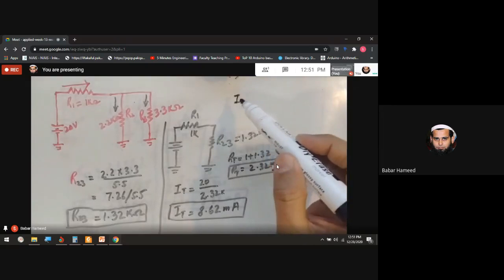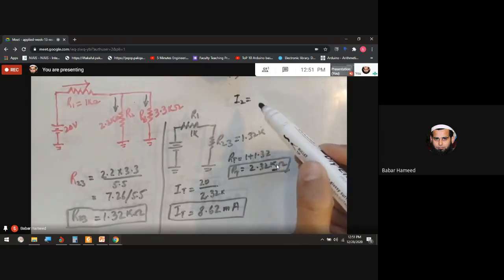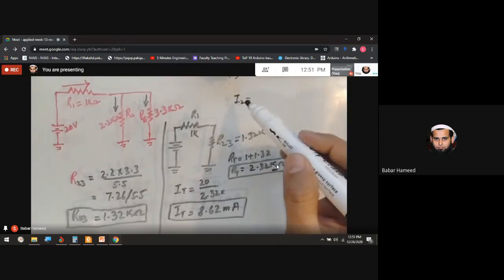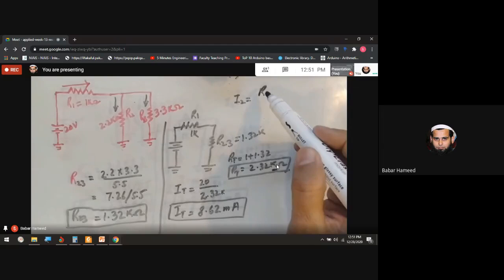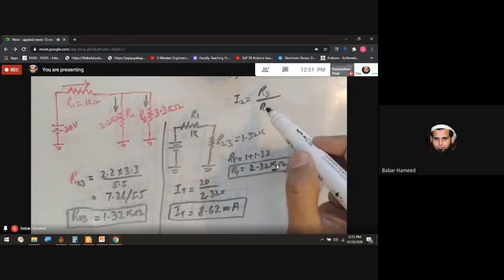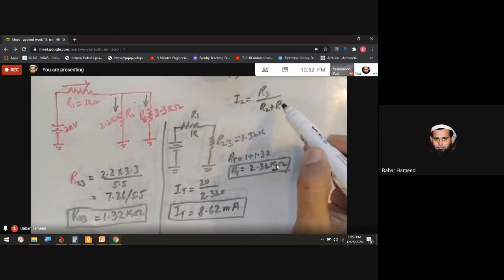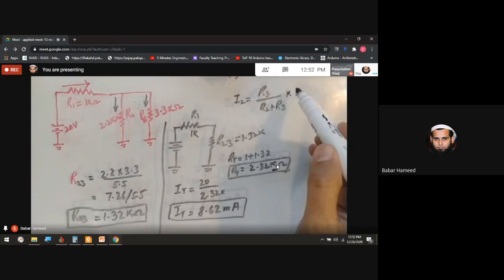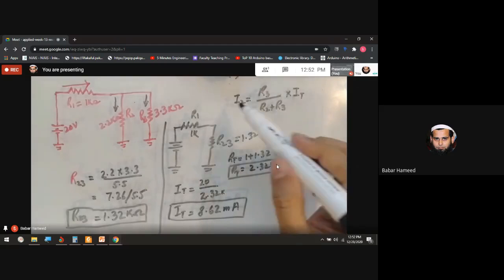I2 is equal to R3 over R2 plus R3 times IT, as we discussed in the previous chapter.